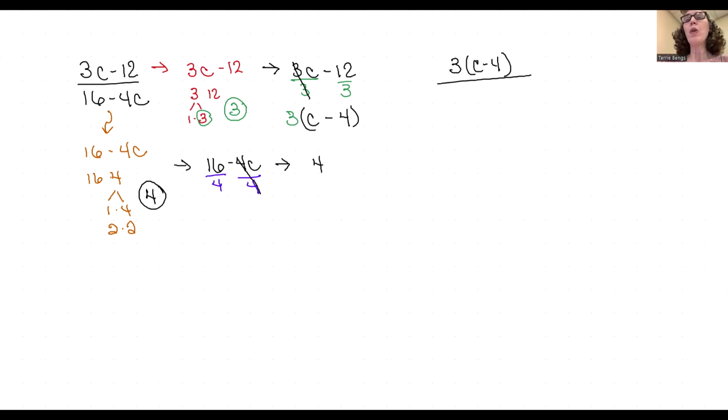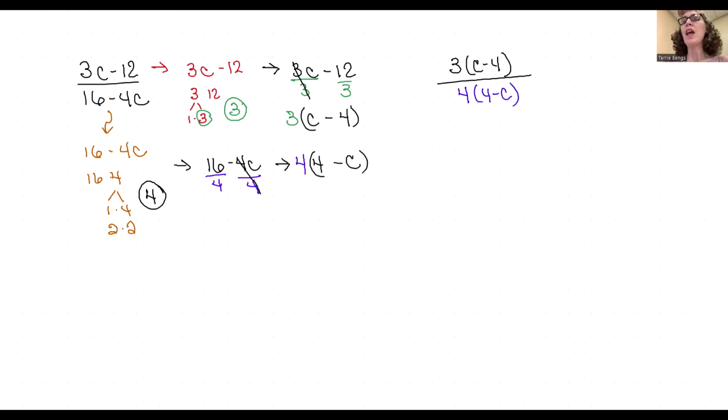And if you remember, we put parentheses around them, and whatever the greatest common factor was, ours was a 4, it goes in front. So now we're going to put this, which is completely factored, underneath. It is the bottom part because that's where it was before. So now we have the top and the bottom completely factored.